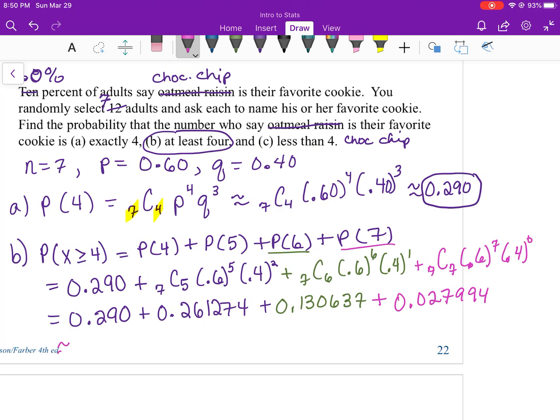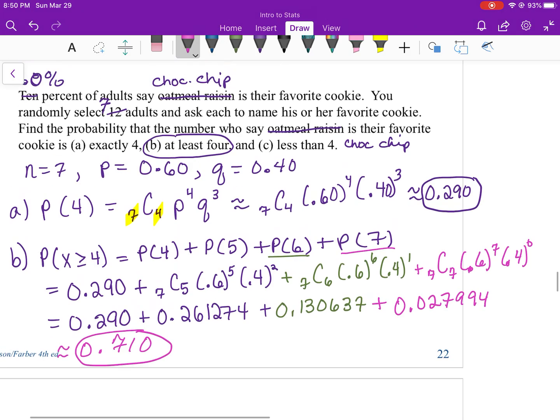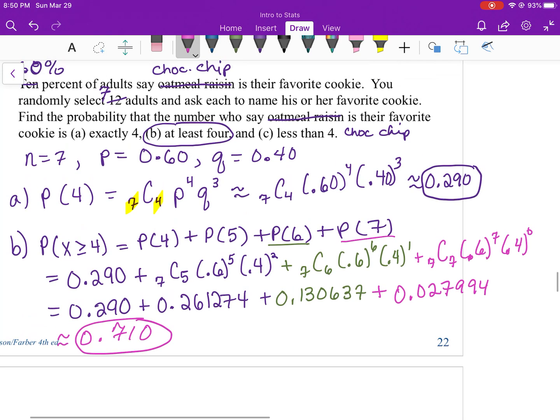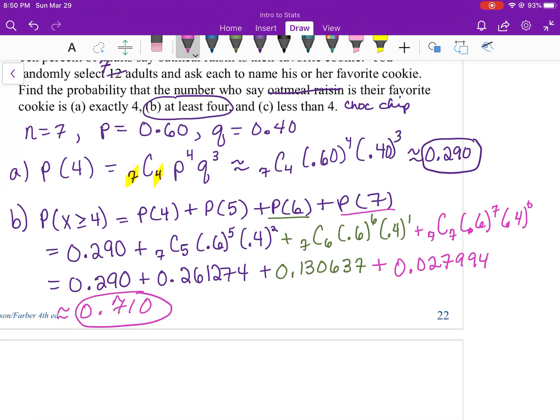So that rounds to about 0.7099, so 0.710. So how do we interpret that? At least 4 out of 7 people prefer chocolate chip cookies. Okay, that's the probability when 60% of adults like chocolate chip cookies.